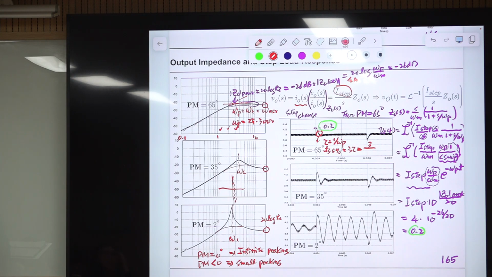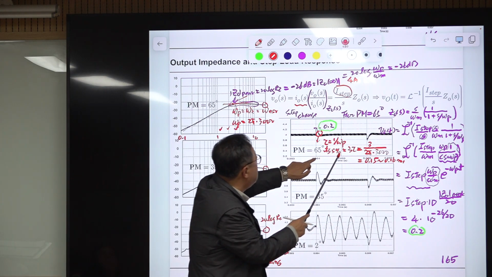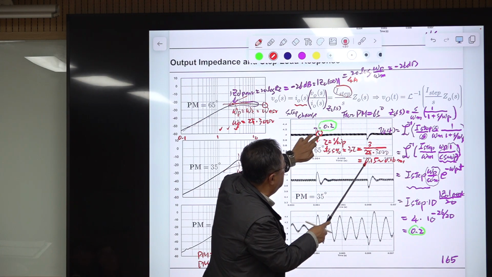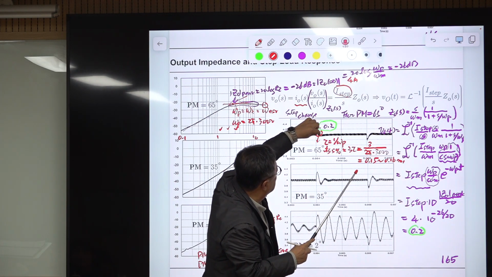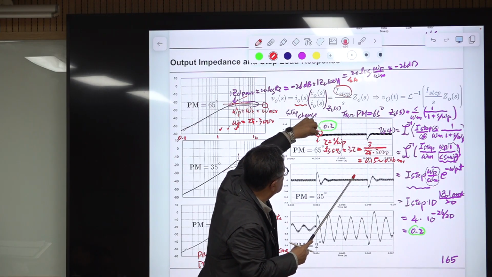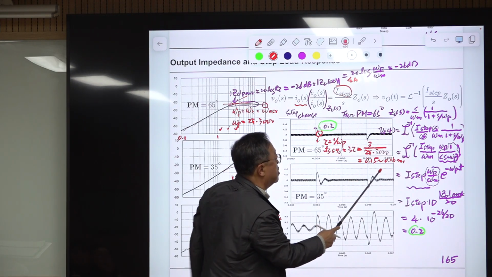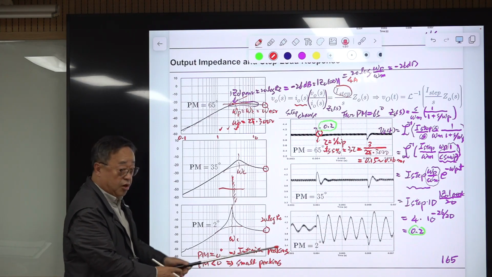Then 2 pi times, you calculate this one, all right. So this is 1 millisecond. So maybe this one is 0.15 or 0.16 millisecond. Maybe somewhere here, right? This is 1 millisecond. This is 1/10 of that. So this prediction is also accurate.